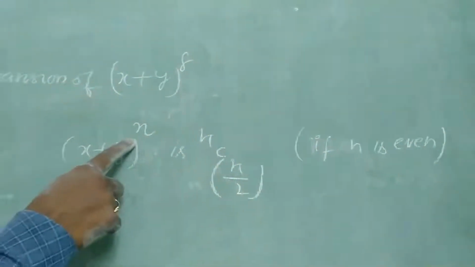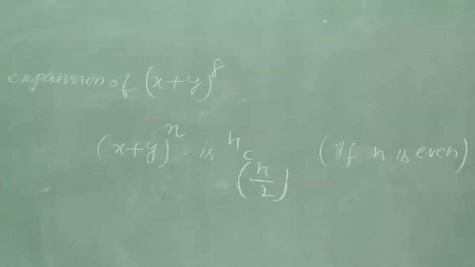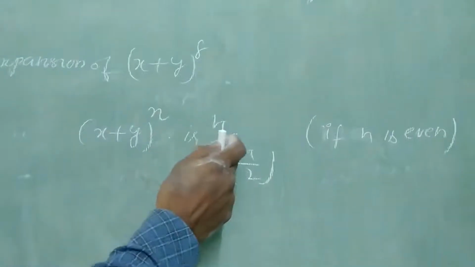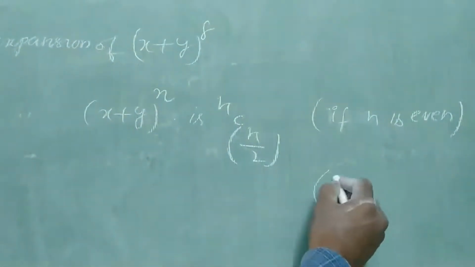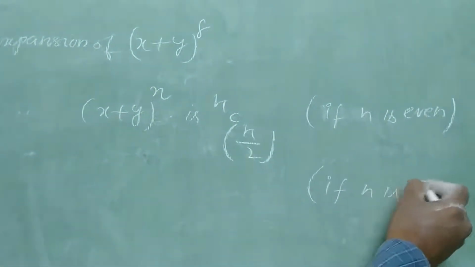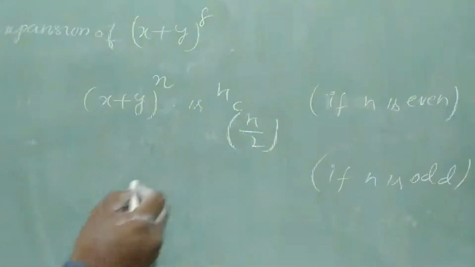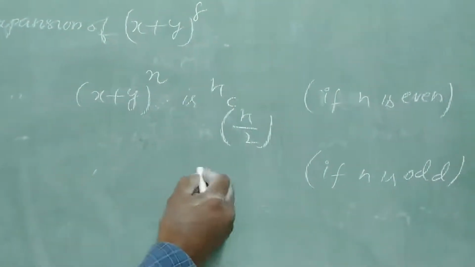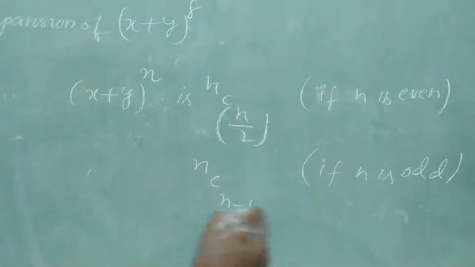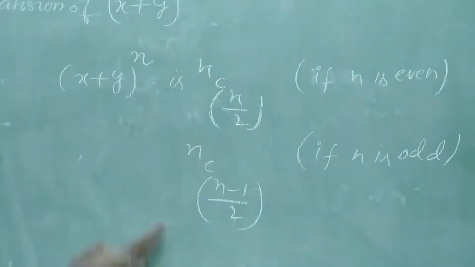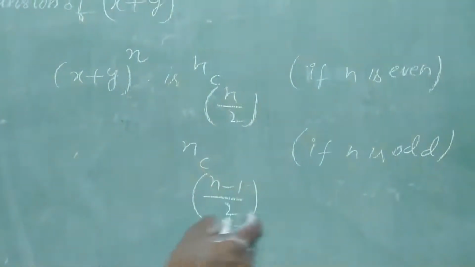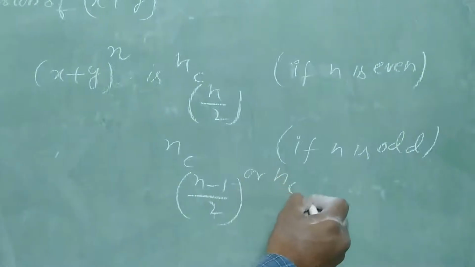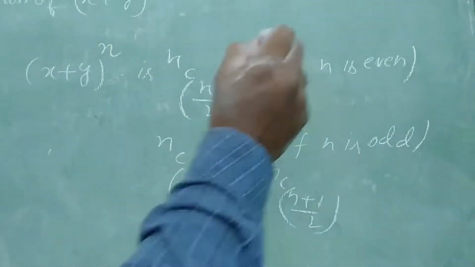If the exponent is even, then the greatest binomial coefficient is nc n by 2. If n is odd, if the exponent is odd, then the greatest binomial coefficient is nc (n minus 1) by 2. You can use either nc (n minus 1) by 2 or nc (n plus 1) by 2.